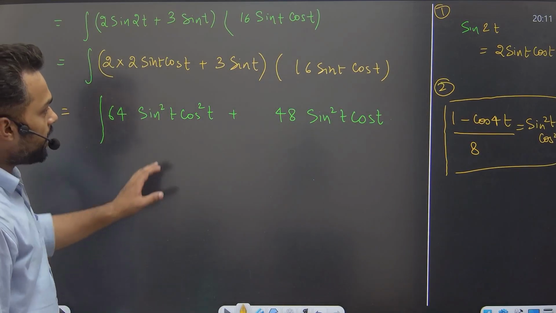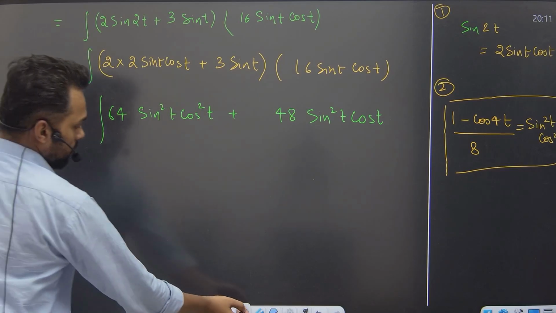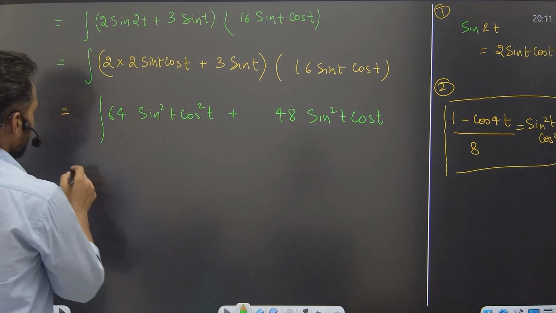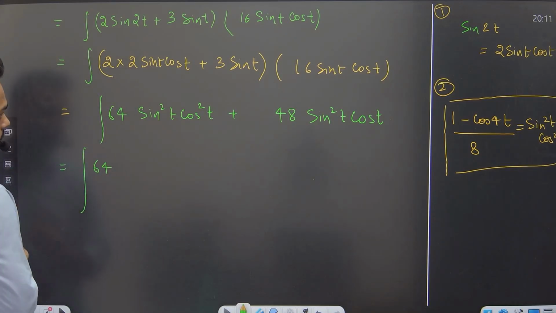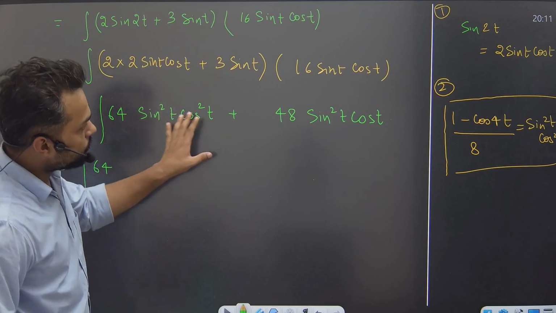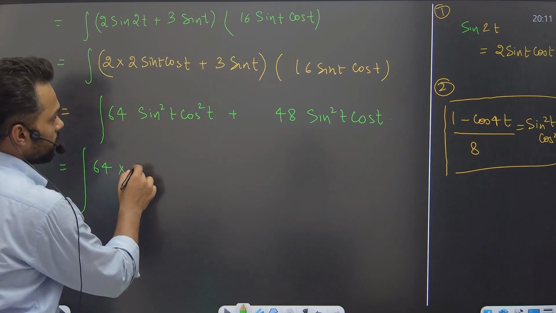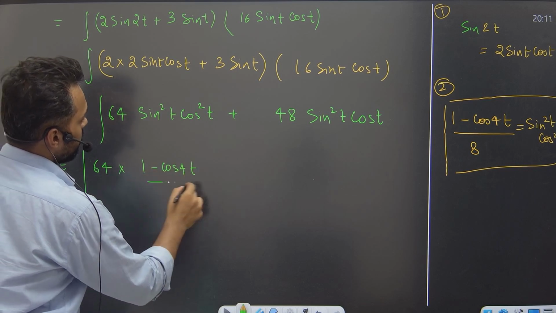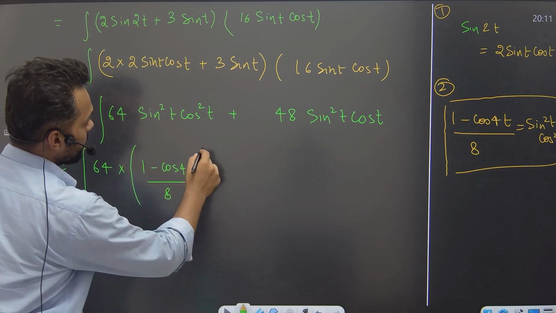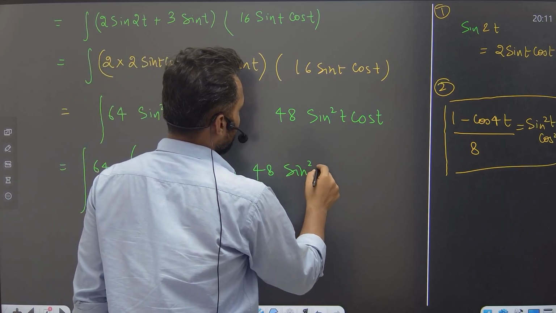So if we apply this trigonometric formula here, we'll get 64 integration of sin squared t cos squared t, which could be written like this, cross 1 minus cos 4t upon 8, plus 48 times sin squared t cos t.